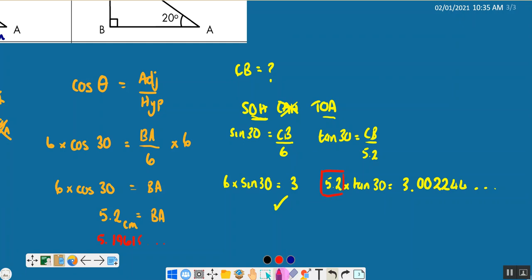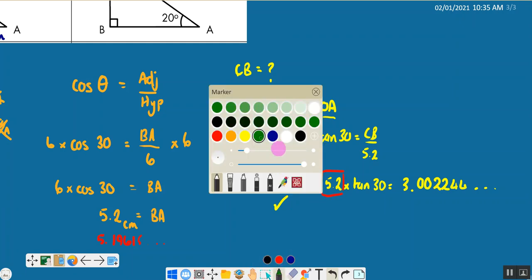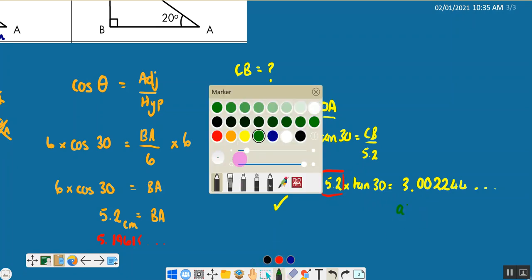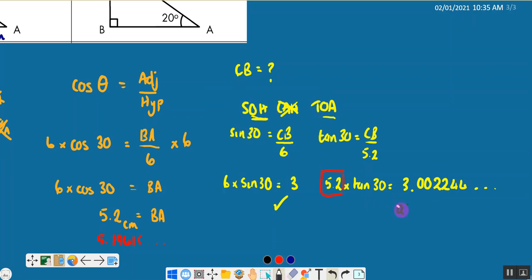So what we have introduced in this case, guys, is a small, what we call error. So what does error mean to you? In maths, an error is not a mistake.